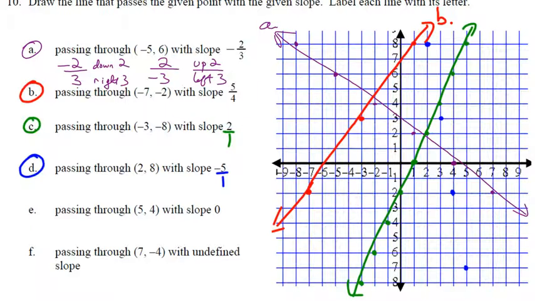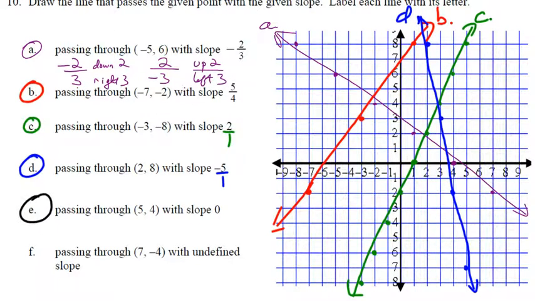Got as many points as I can. Try and join them with a straight line. That's D. That's C.